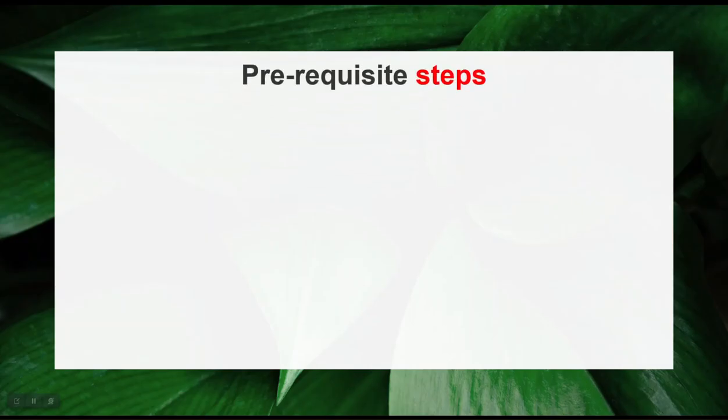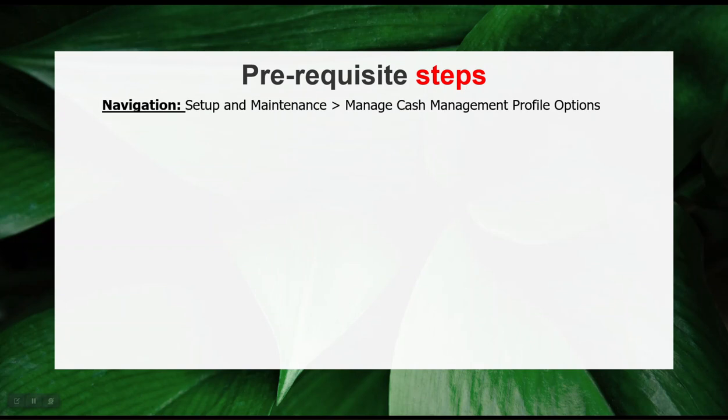So let's start to know the process of reconciliation. The prerequisite is that you have to enable a profile option. This feature is how to make a reconciliation between a bank statement line and a GL journal. GL journal means system transactions, because as you know, in our reconciliation there are two parts.